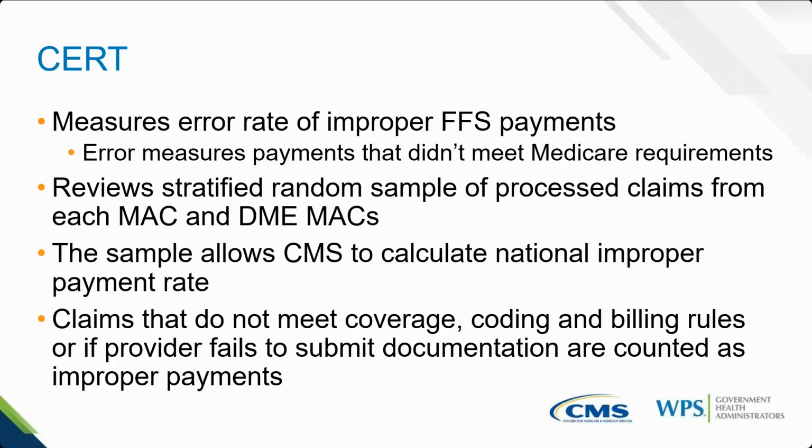So if we are not paying and processing your claims right, and this is one of the reviews that the CERT contractor happens to be doing, and we are found to not be processing them correctly, then that error rate falls on us. We don't want the error rate. We don't want you to have the errors.